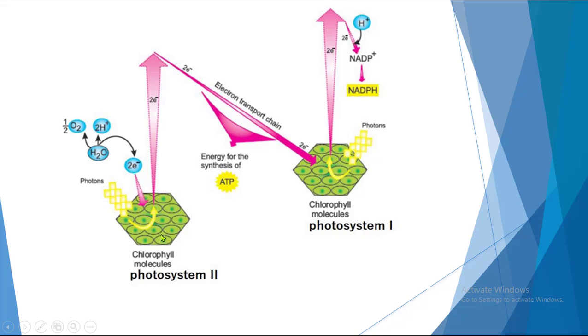Chlorophyll A is the primary photosynthetic pigment, and chlorophyll B and carotenoids act as accessory pigments. Accessory pigments help the chlorophyll, the major primary photosynthetic pigment, in capturing the light energy. So the major photosynthetic pigment is chlorophyll A.